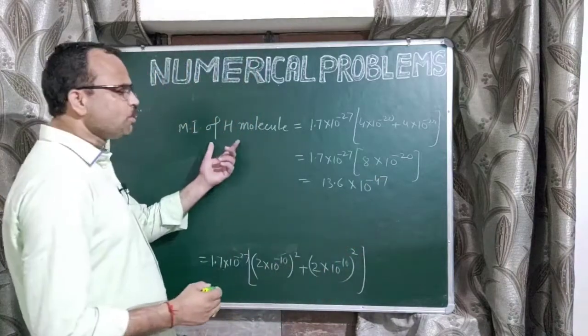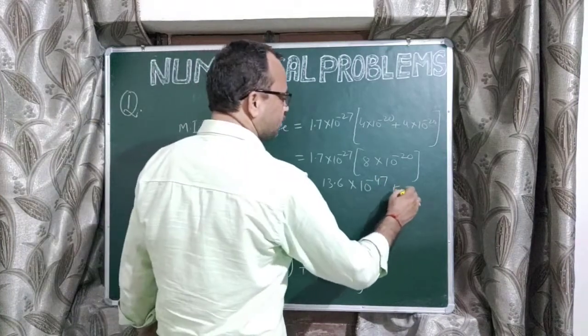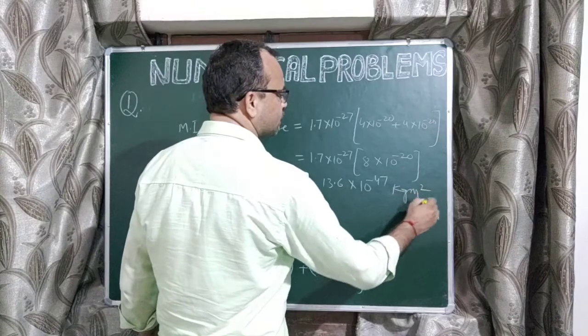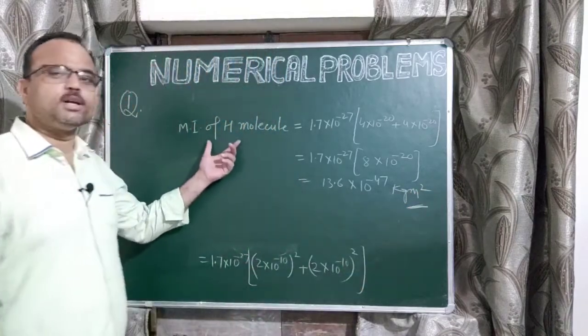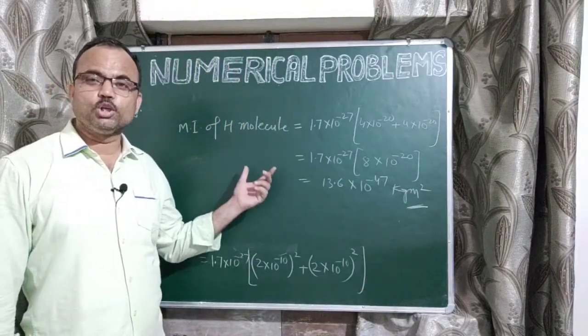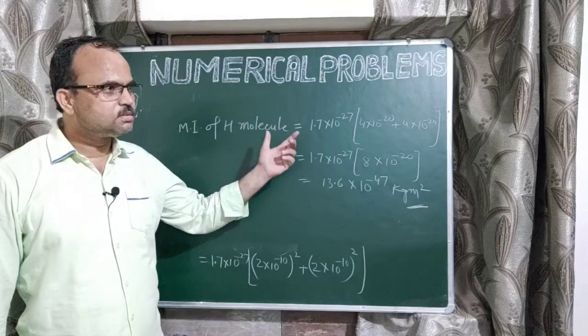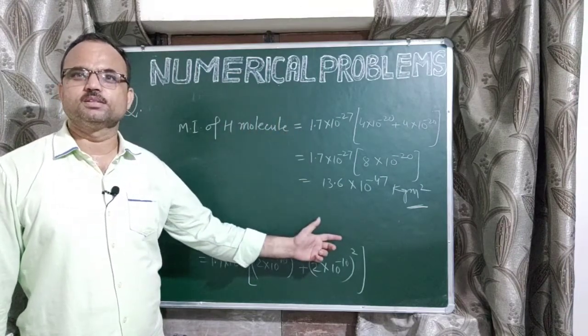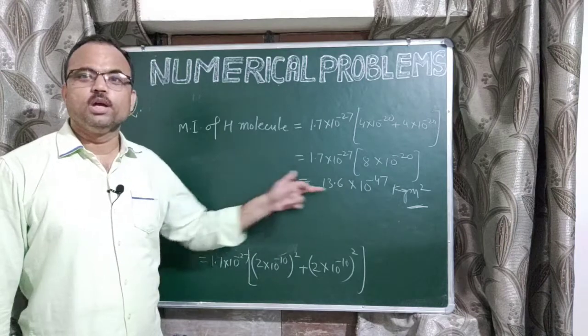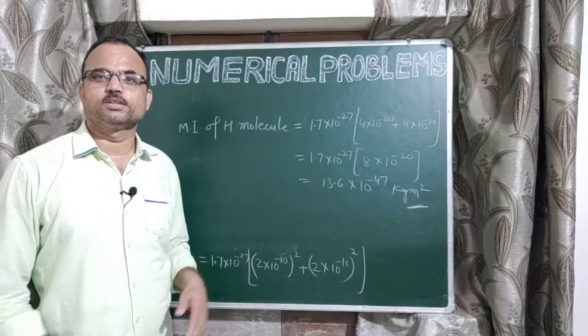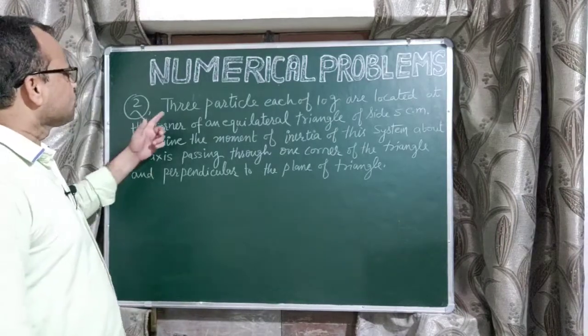The unit of moment of inertia is kilogram meter square. So it is the moment of inertia of the hydrogen molecule when the axis passes through its center of mass and is perpendicular to the internuclear distance. So let us now start the second numerical problem.